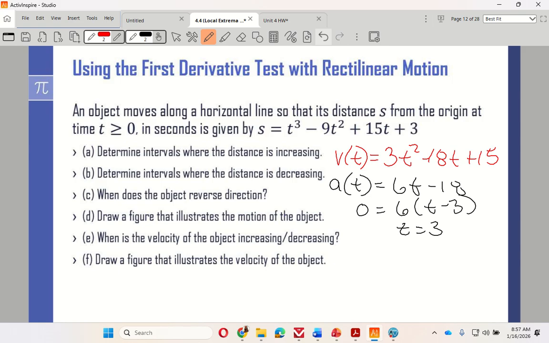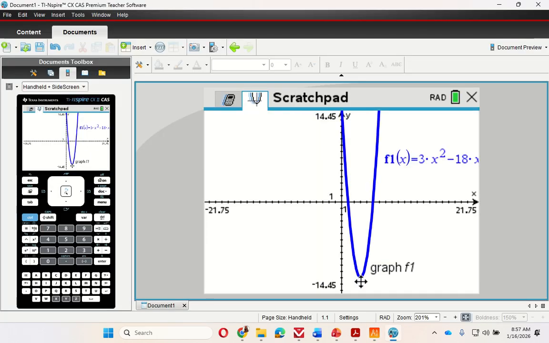Of my slopes, that's where it actually is changing concavity. Velocity of the object increasing, decreasing. So now, everything above the line in my graph, from negative infinity to 1.